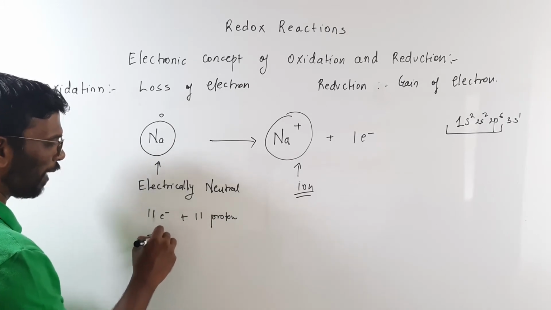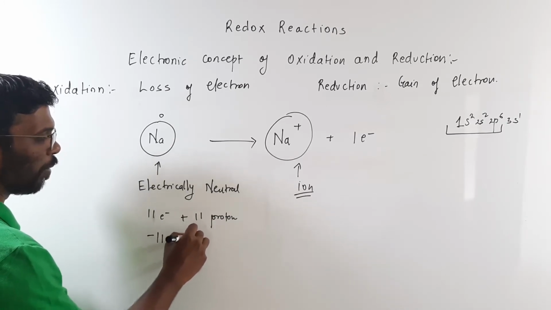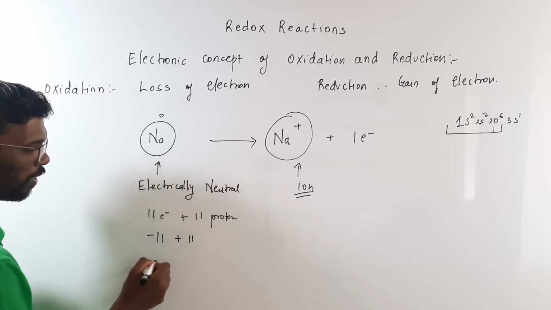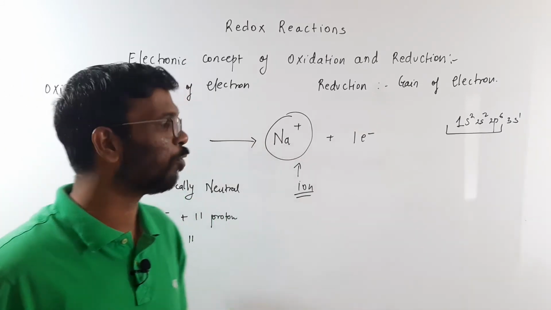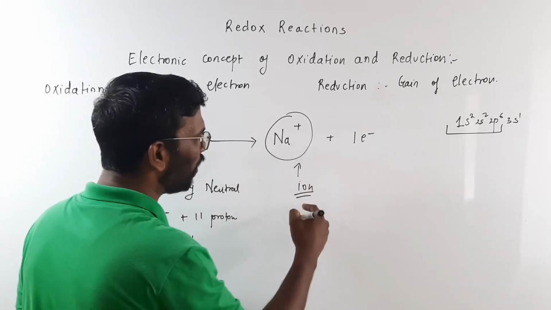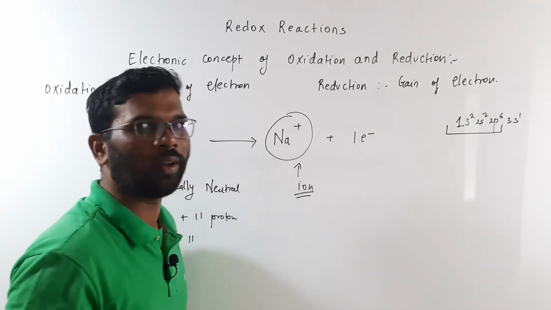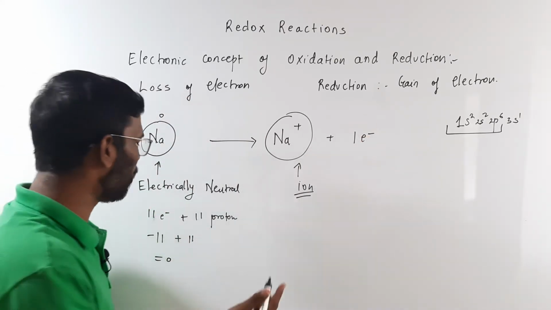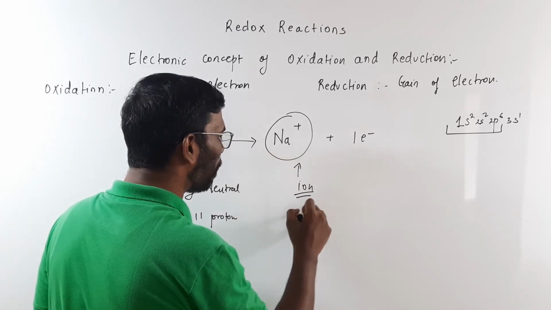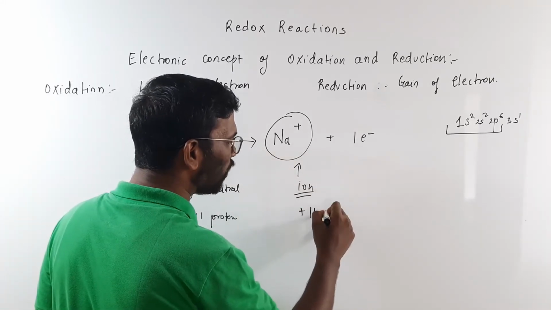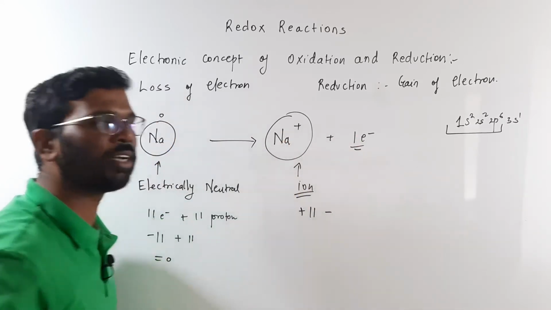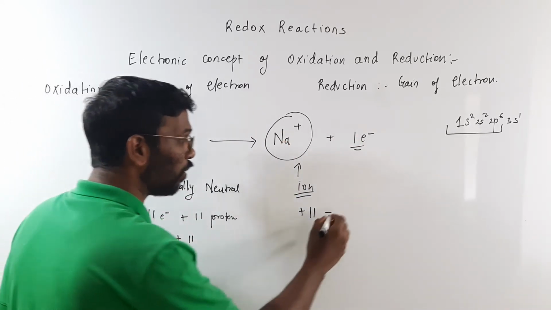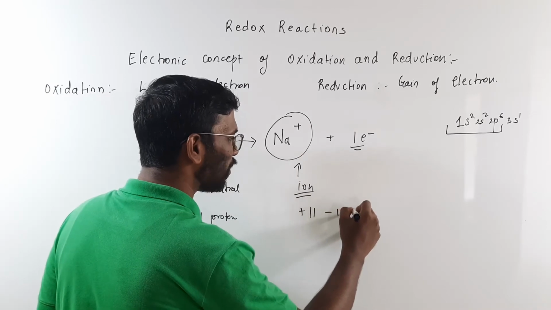The electrons are minus 11 units and the protons, being positively charged, are plus 11 units, which is equal to 0. Here it has a +1 charge, which means it has lost an electron and the number of protons is the same. So plus 11 positive charges, and now it has lost 1 electron, so instead of 11 it has 10 electrons. So I am writing minus 10.